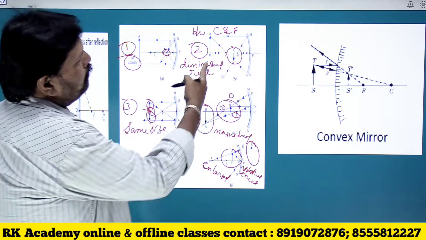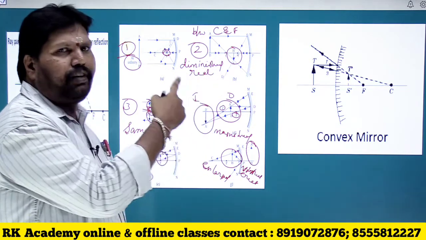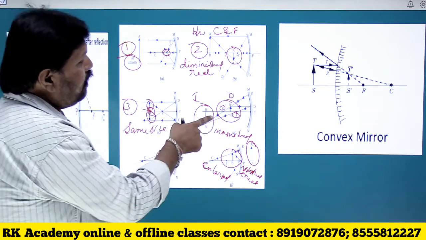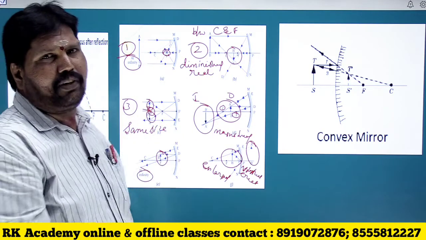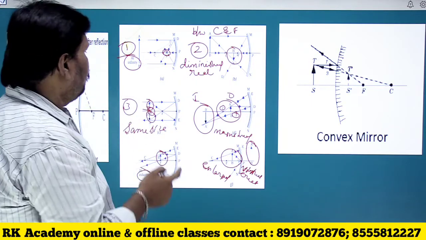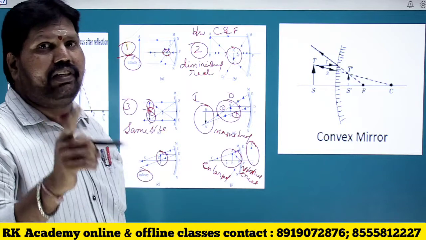And if the object is beyond the center of curvature, the image will be in between the center of curvature and focus. And if the object is in between the center of curvature and focus, the image will be beyond the center of curvature. This is also vice versa. And third one, if the object is at the center of curvature, the image is also at the center of curvature.